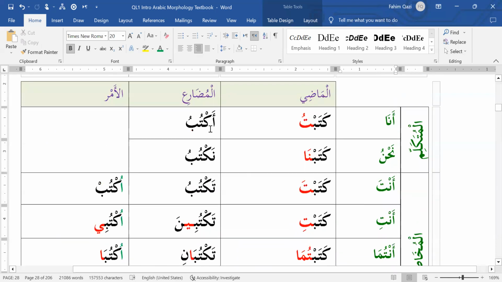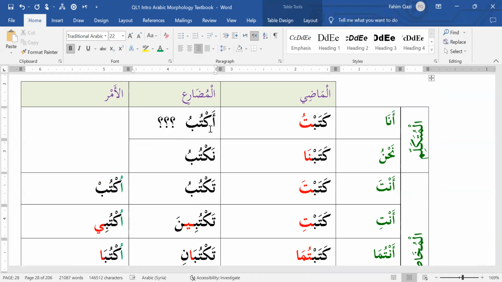Let's continue with identifying red damir al-fa'il. Aktubu, naktubu, taktubu. No red fa'il. So what do we do? We assume it's implicit, it's implied. The fa'il here is ana. The fa'il here is nahnu. How do I know it's ana? Because it begins with hamza, and ana also begins with hamza.